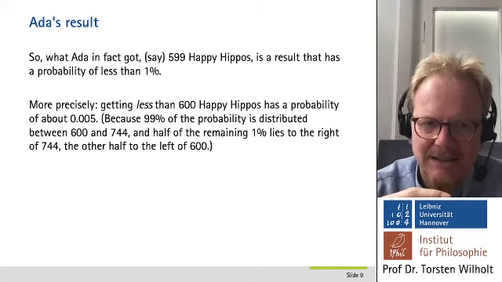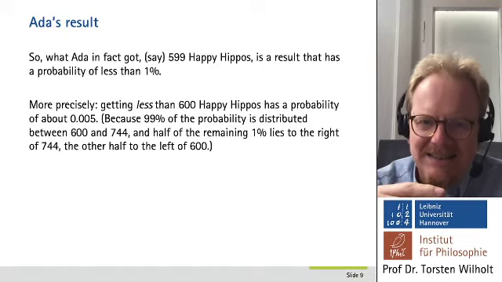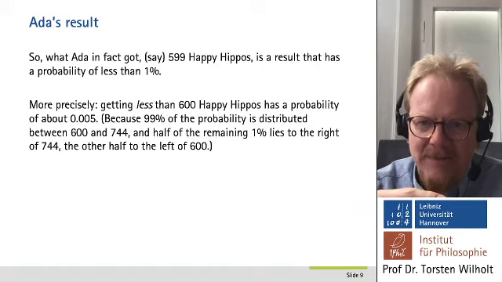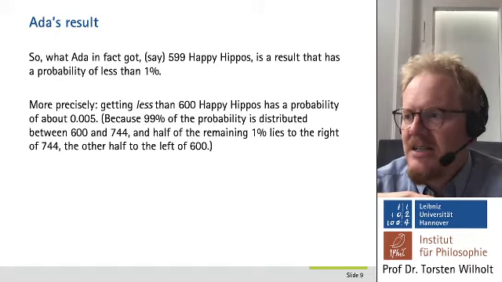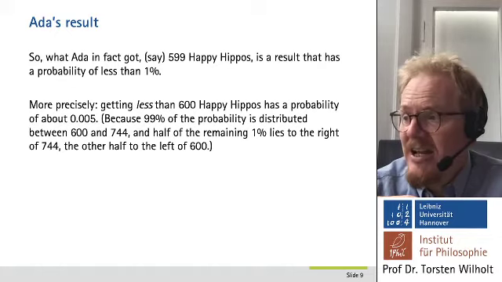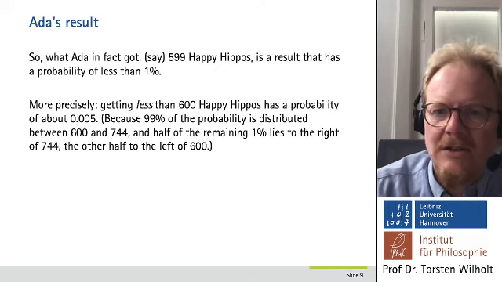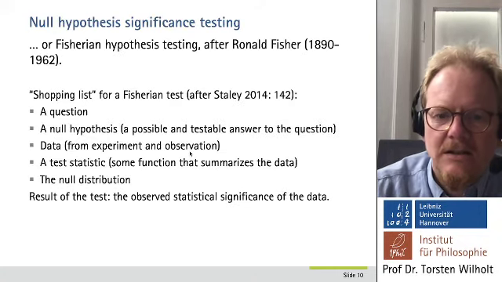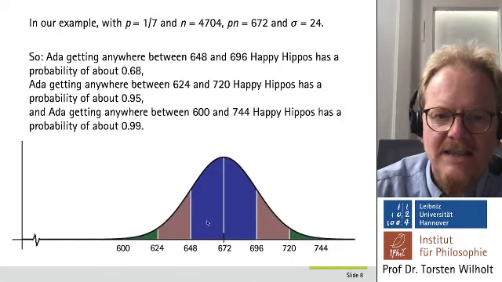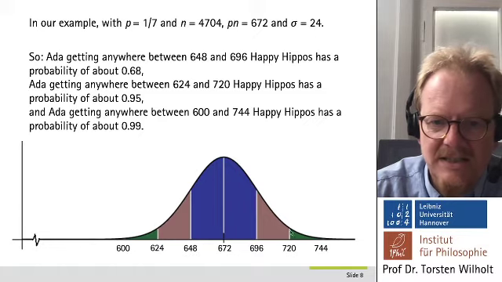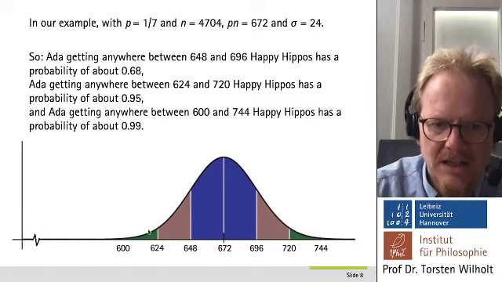More precisely, getting less than 600 happy hippos has a probability of 0.005, so 0.5%. Why? Because, as we said, 99% of the probability is here, within 3 sigma of the mean.